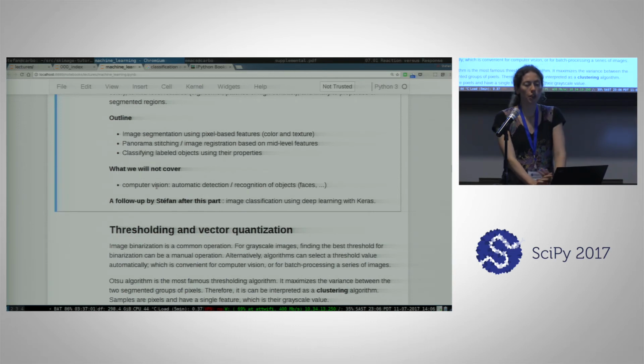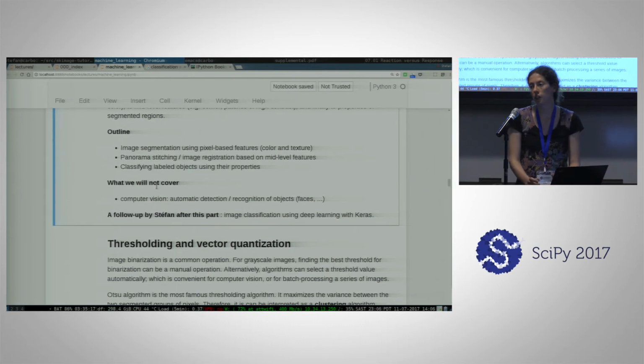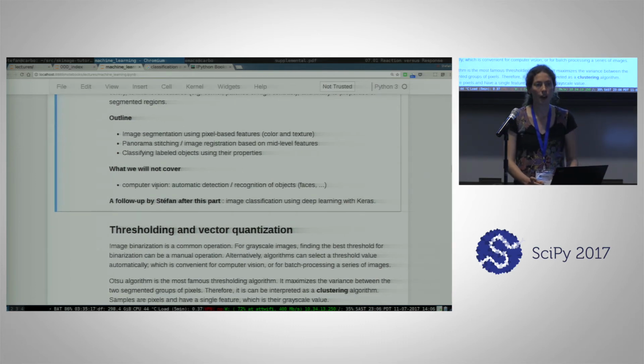So what we will not do today is what's called computer vision. If you don't know computer vision, it can be defined as the automatic detection or recognition of objects like faces in an image, or knowing that there is a cat in this image, for example. So we won't do that.